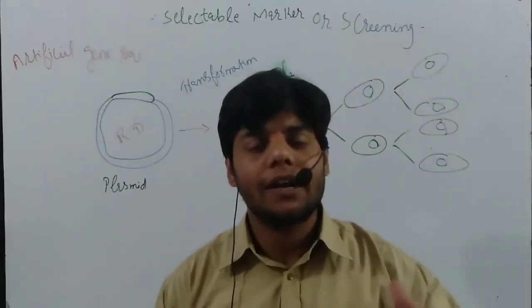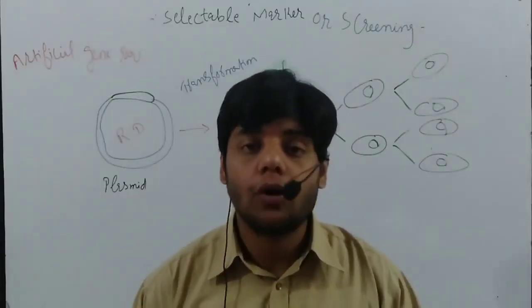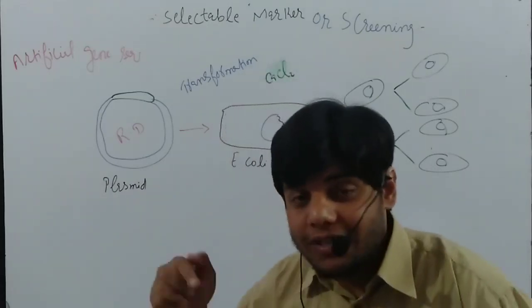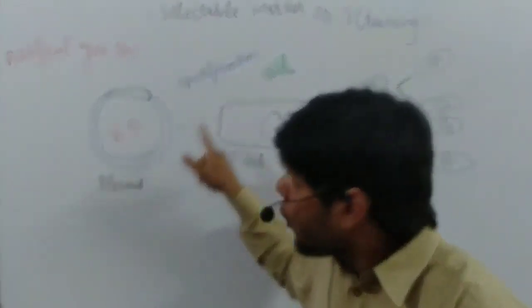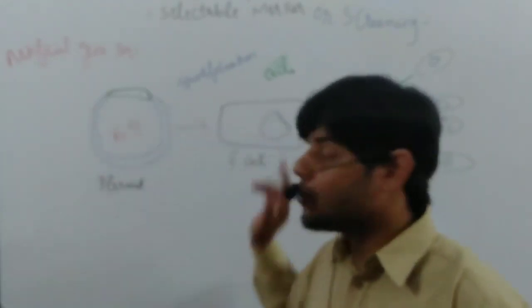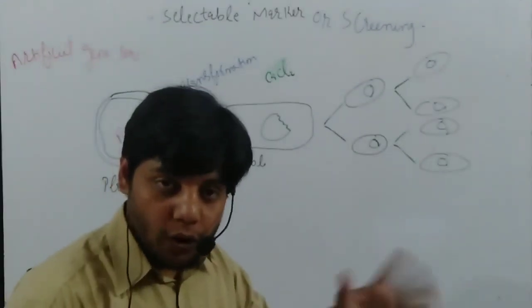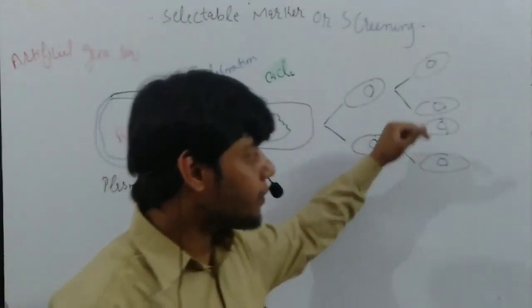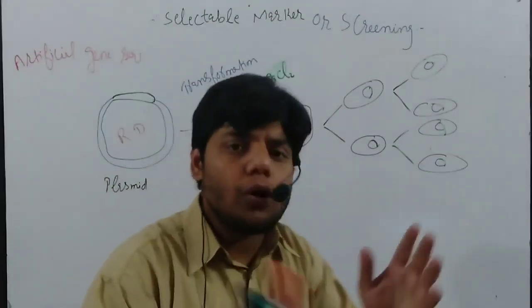So how can we identify whether our gene of interest is inserted into a vector, whether this recombinant DNA is inserted into a bacterial cell, whether the bacterial cell is dividing and growing, and whether our gene of interest is present inside the bacterial cell? We don't know about that.